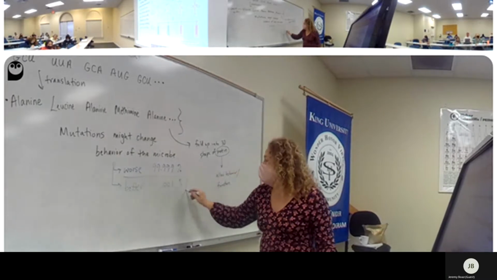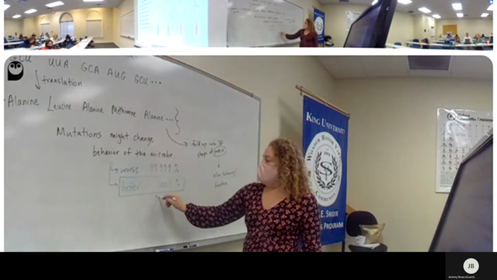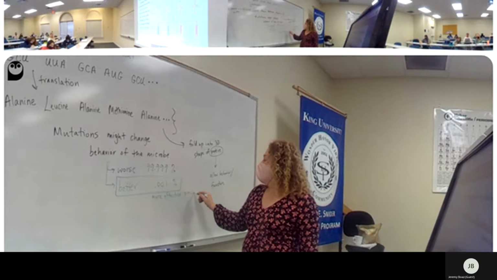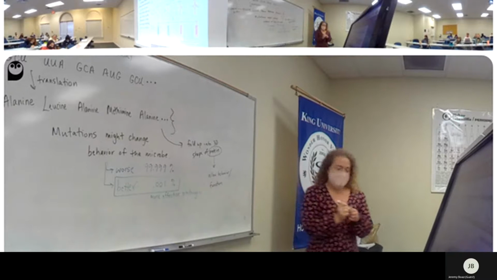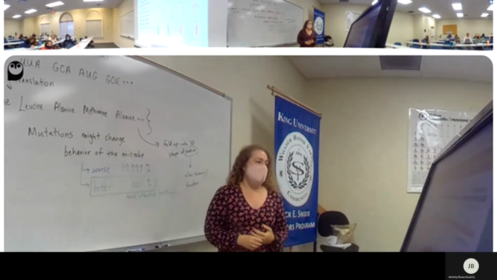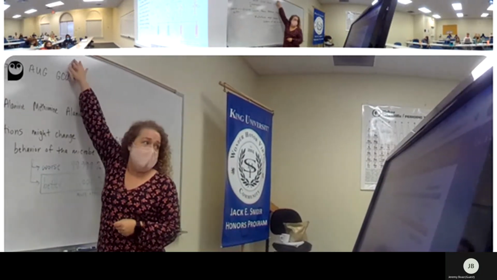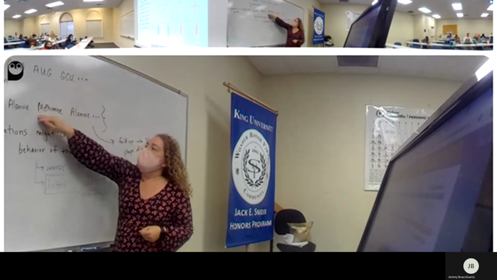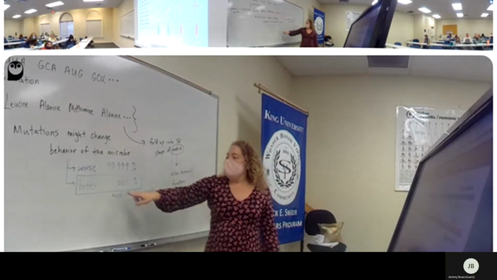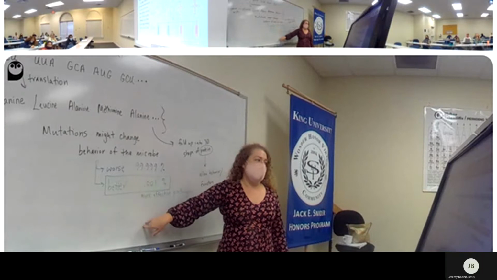That rare chance that you get a mutation that makes the microbe work better and more effective as a pathogen, more dangerous to us. So when we hear in the news lately about the Delta variant of the coronavirus, it's a change in the virus's genome that changed the messenger RNA, that changed the protein, that changed the behavior of that coronavirus, and it's better at infecting us. So good for the virus, bad for us.